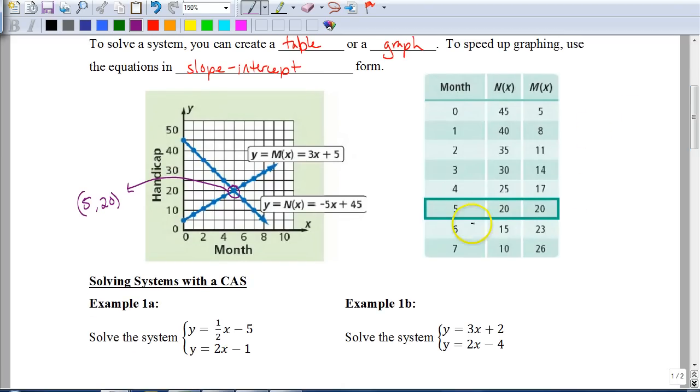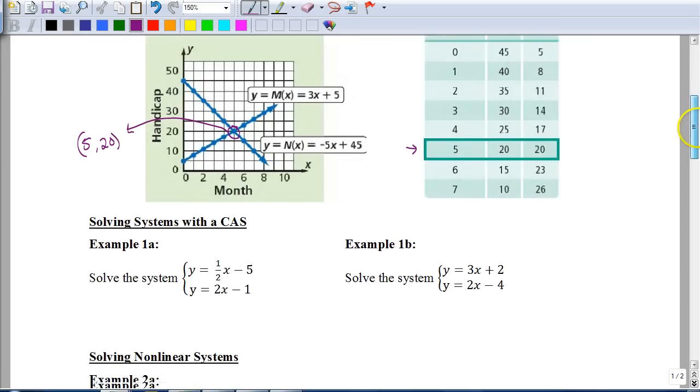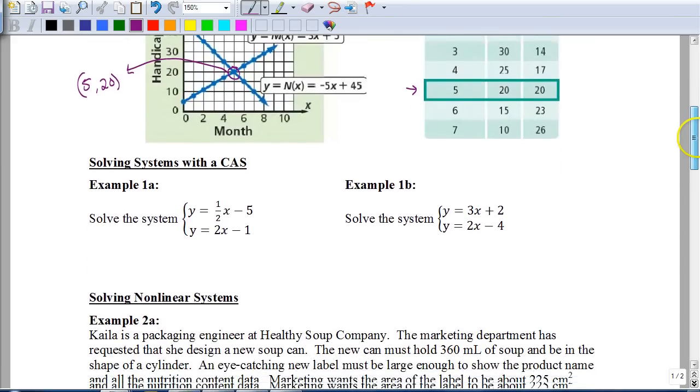We could also look over here at the table. The table here shows me that in month 5, they both had a handicap of 20. Now, looking at a table also isn't very good, because sometimes if we look at a table on a calculator, and the intersection is at a decimal, the table's not going to help you. So that's why we'll stick to graphing for today.